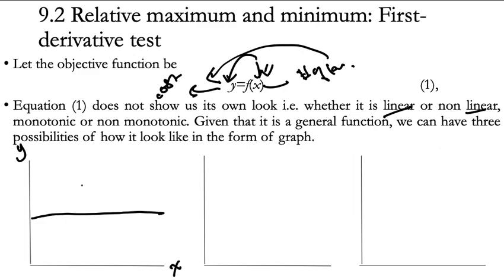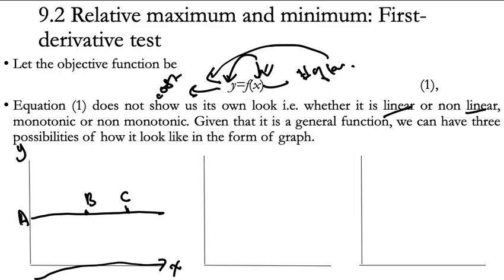Okay, so we have point A on the vertical intercept. We have point B, and then we have point C. Now you look here, for all argument values, for all x here, the value of y is the same, which is at the horizontal value. Let's say b equals a, c also equals a. Let's say a is 5.